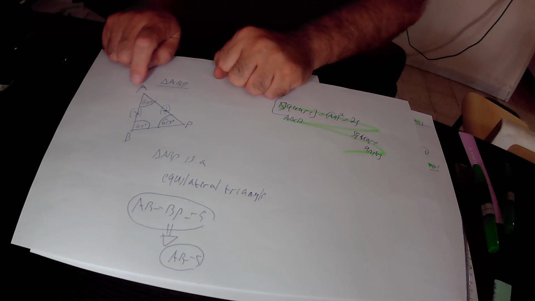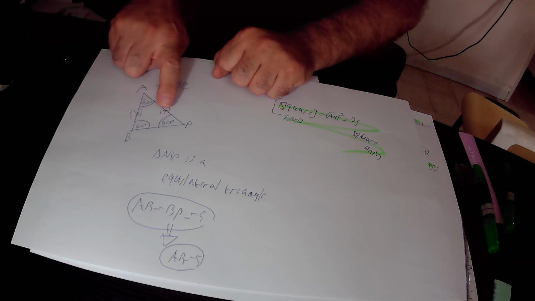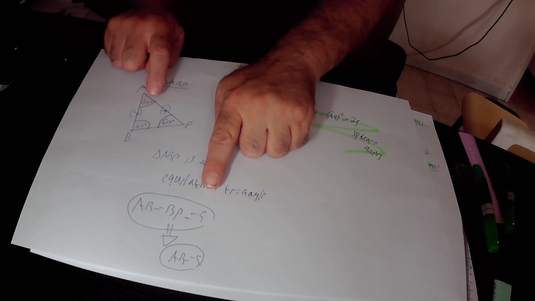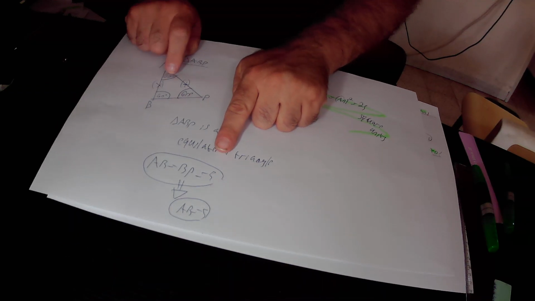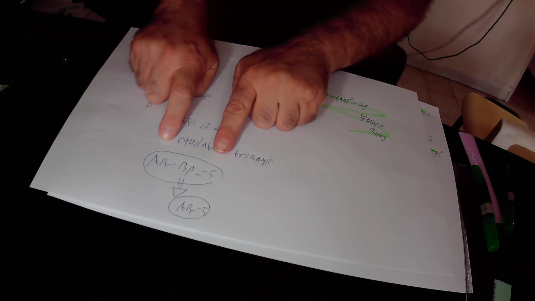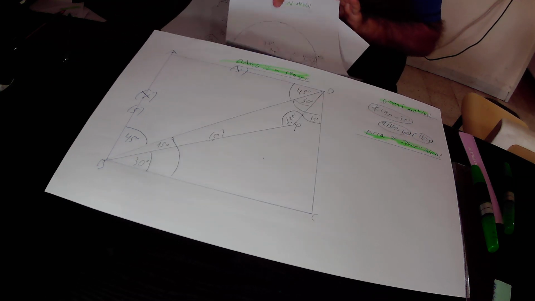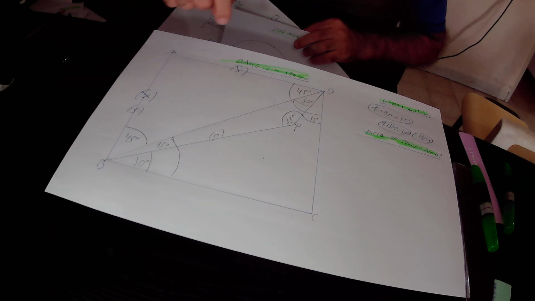Therefore, triangle ABP is an equilateral triangle, and you know that all the sides of any equilateral triangle are equal to each other. So AB equals BP, because it is an equilateral triangle. But PB is 5, according to what is given in the equation, and from this AB equals BP equals 5, so AB equals 5. So the radius AB is 5.